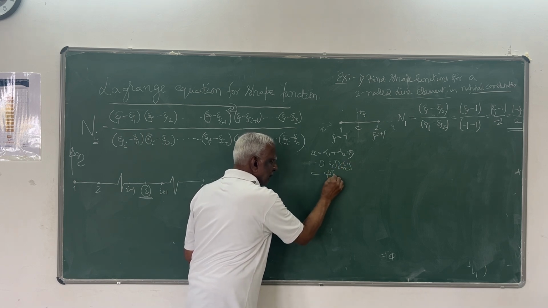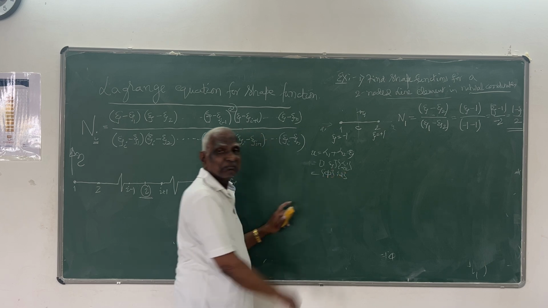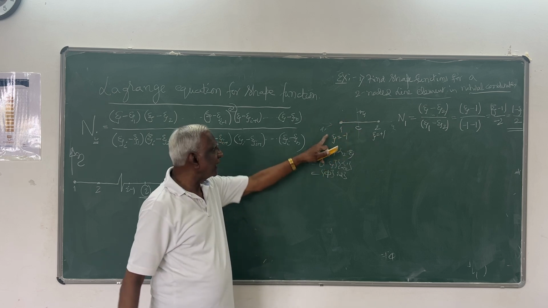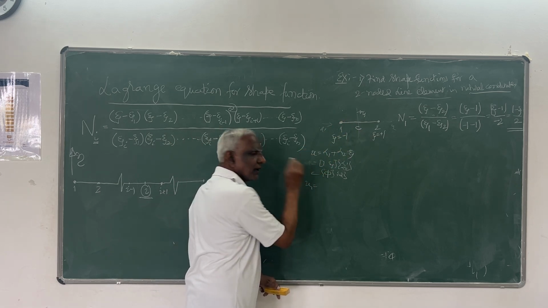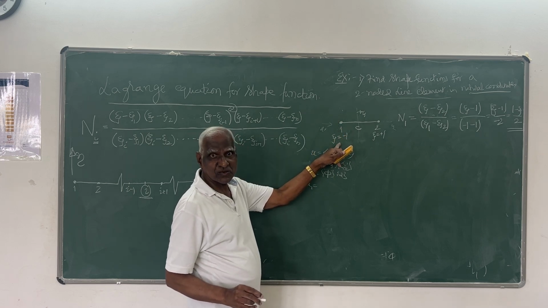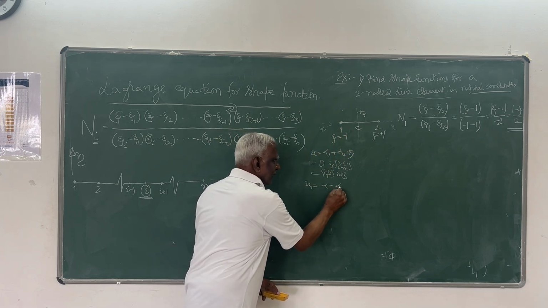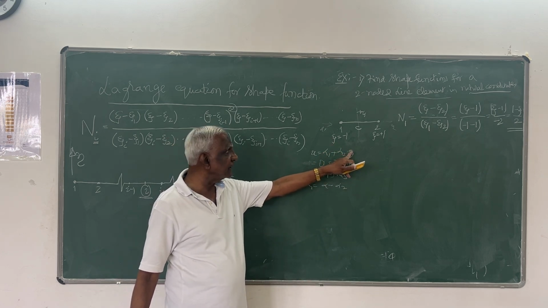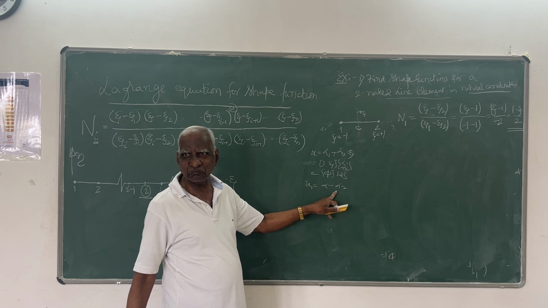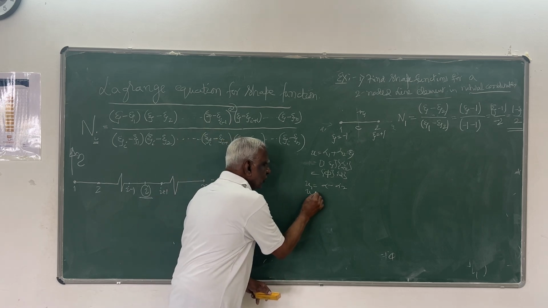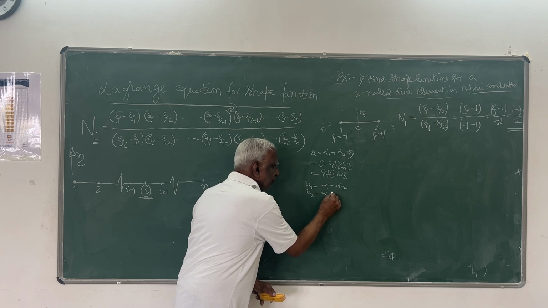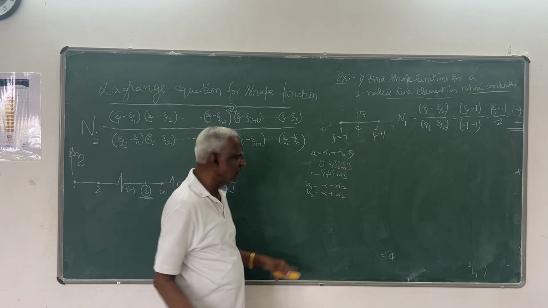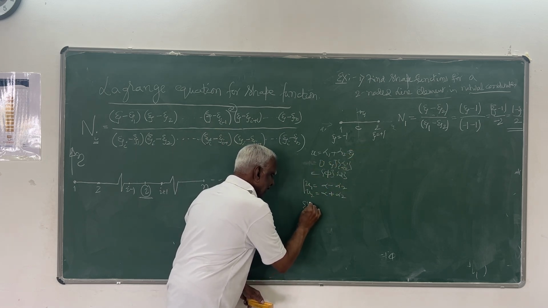This is phi, this is alpha. Correct? Apply this to two nodes. At node 1, U is U1, psi is minus 1. So you will get alpha 1 minus alpha 2. Then again apply at node 2. You will get alpha 1 plus alpha 2, psi equals plus 1. So this you can write in matrix form.